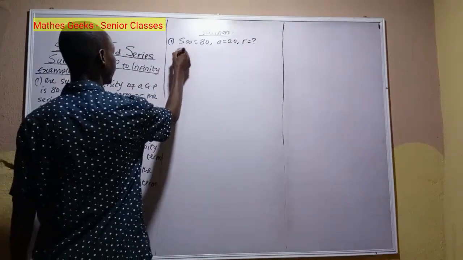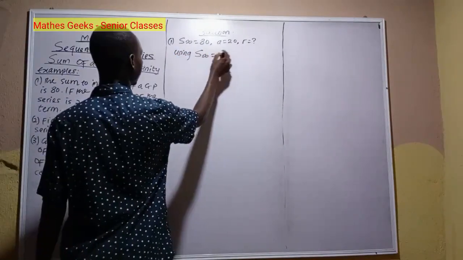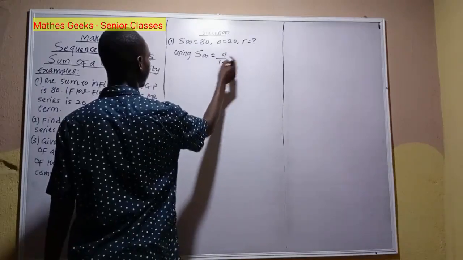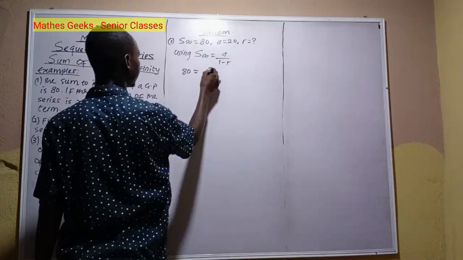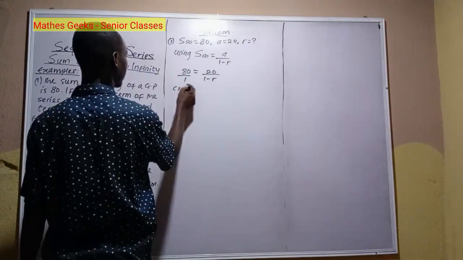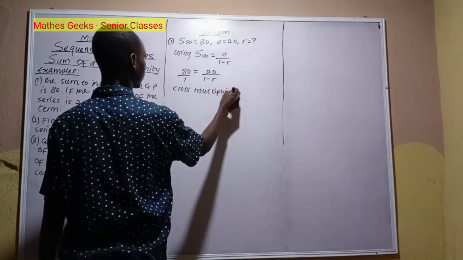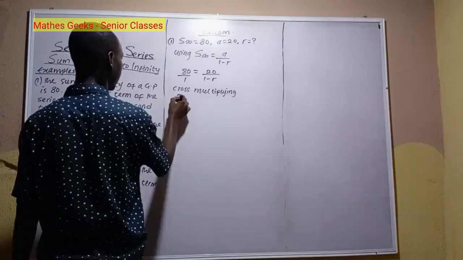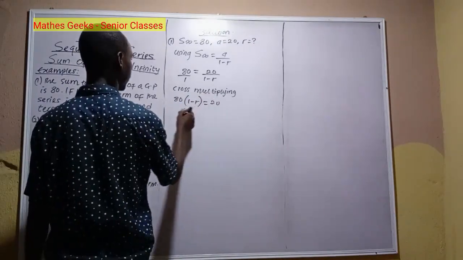So using S is equal to A over 1 minus R, 80 is equal to 20 over 1 minus R. Cross multiplying, 80 times 1 minus R is equal to 20.